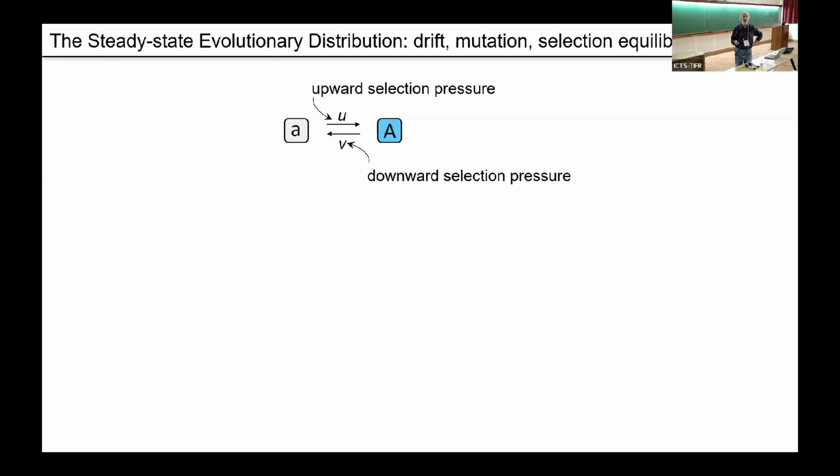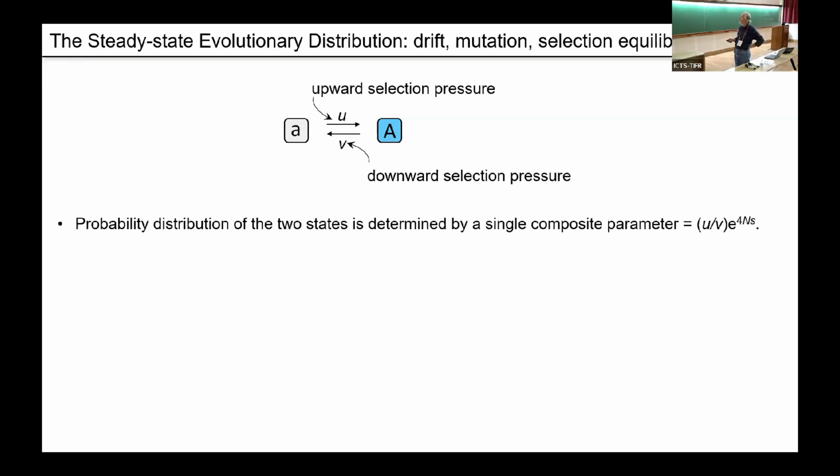What we're interested in thinking about is, if these pressures of mutation and selection remain constant over time, a system like this will reach what's called detailed balance, or a steady state distribution. There'll be a rate at which these guys going to that and these guys going to that are exactly equal. There's a balance of forces between selection and mutation.